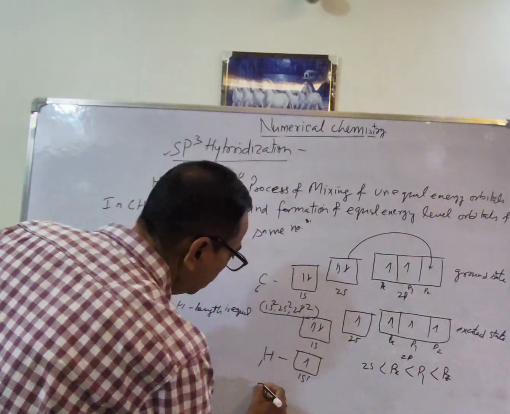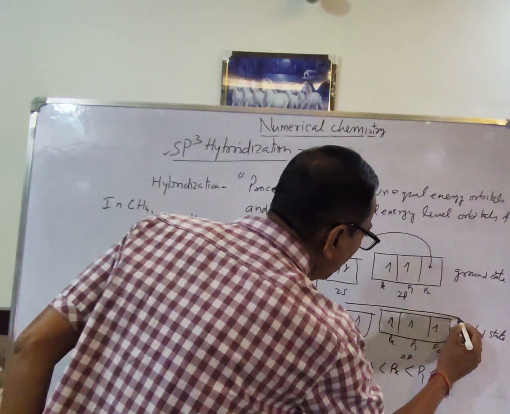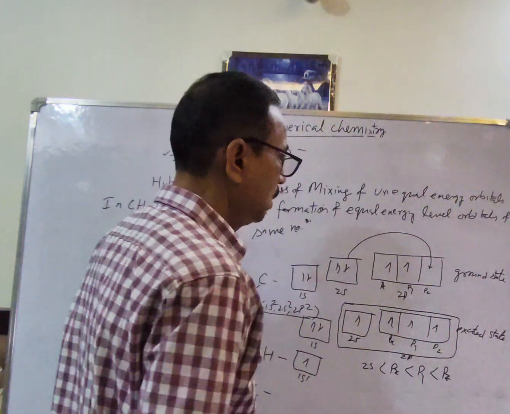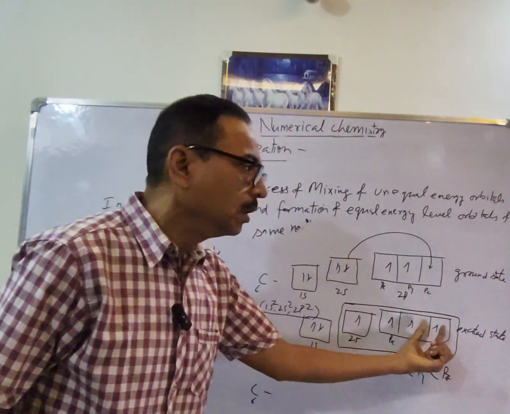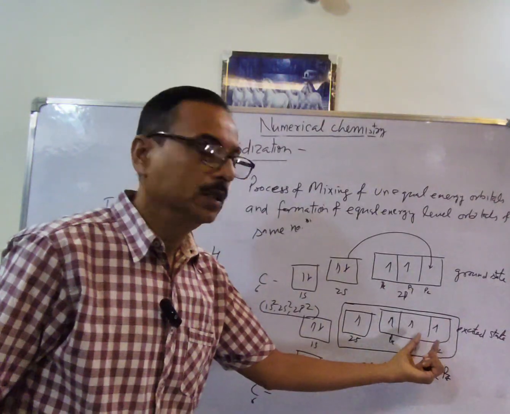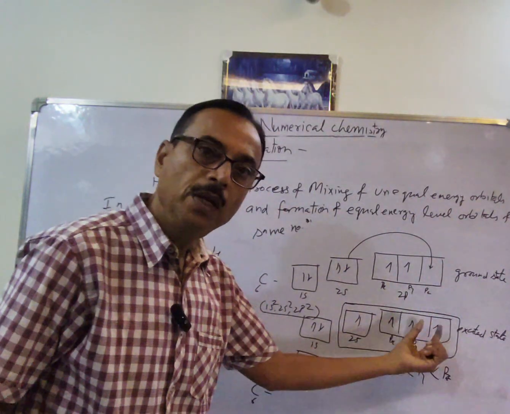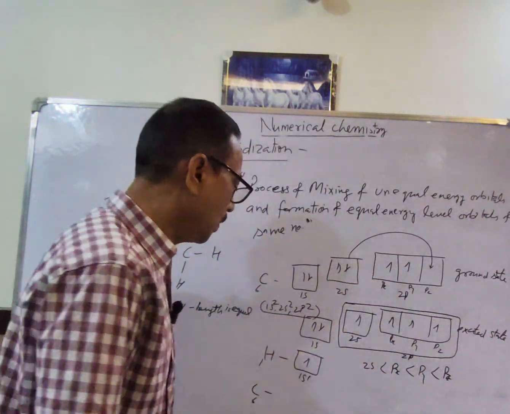So in hybridization, these 4 orbitals of carbon undergo hybridization and mix and form new orbitals of equal energy. 4 mix, 4 are formed; different energies are converted to equal energy.